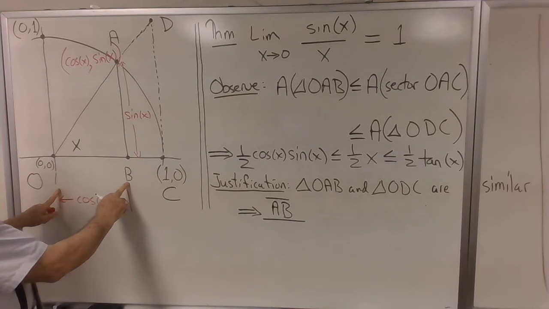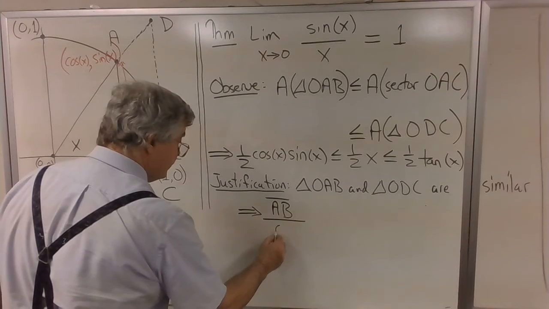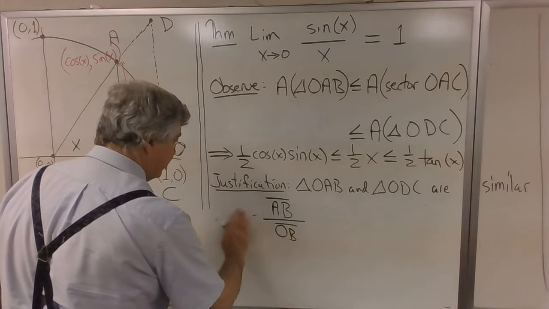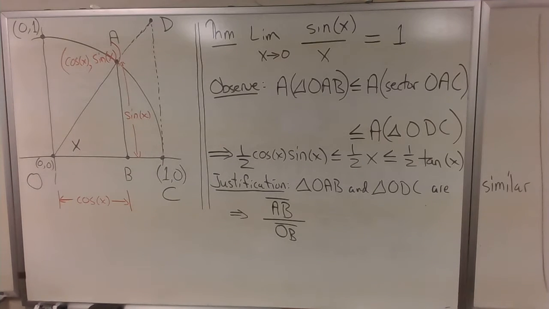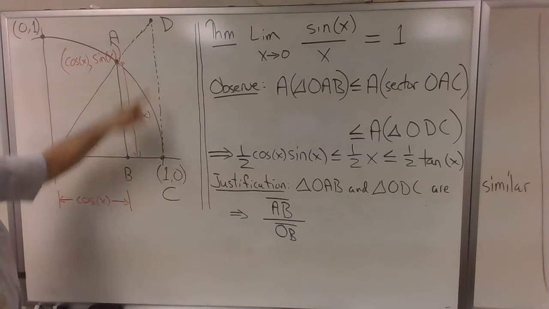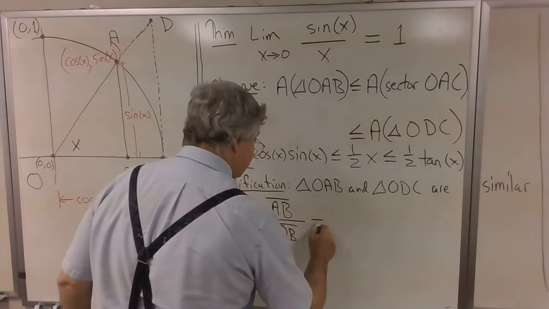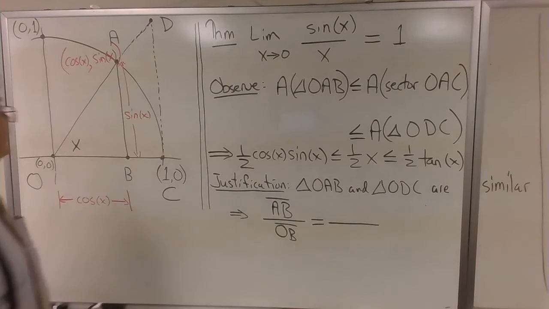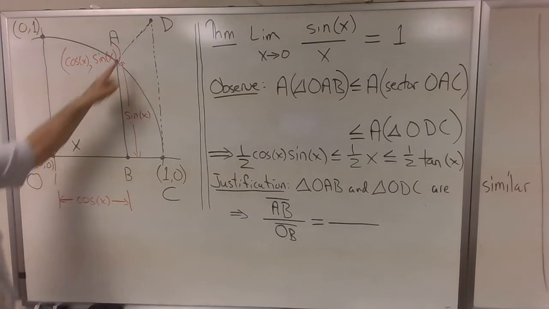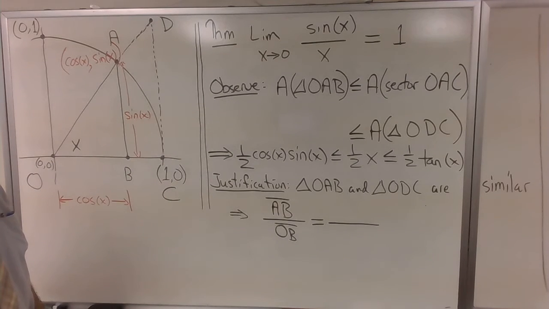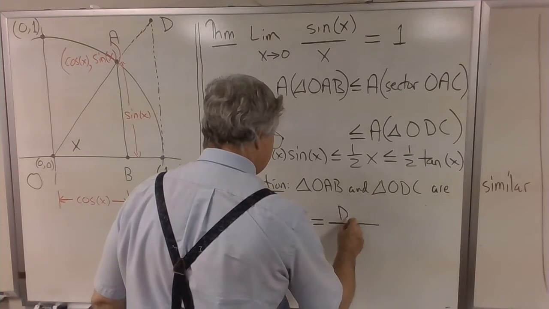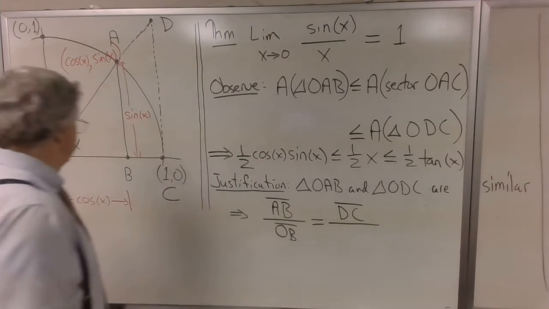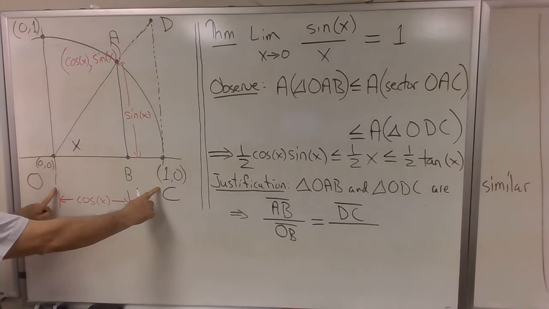The horizontal leg is OB. And now I'll do the same thing with triangle ODC. The vertical leg of triangle ODC is side DC. The horizontal leg is OC.